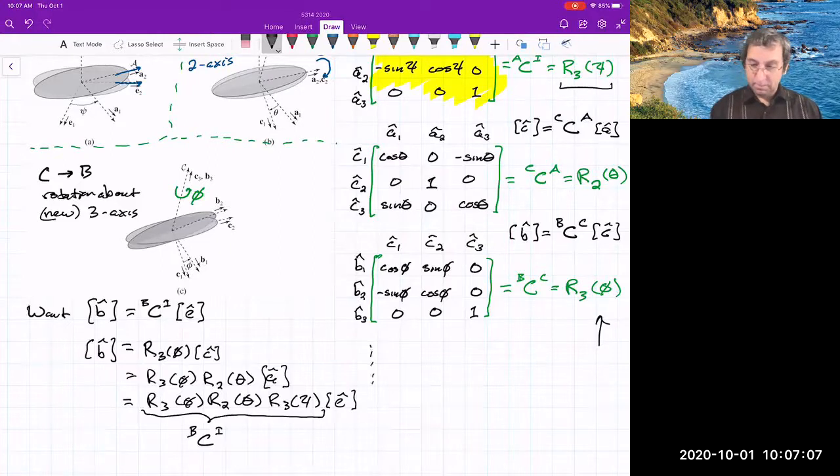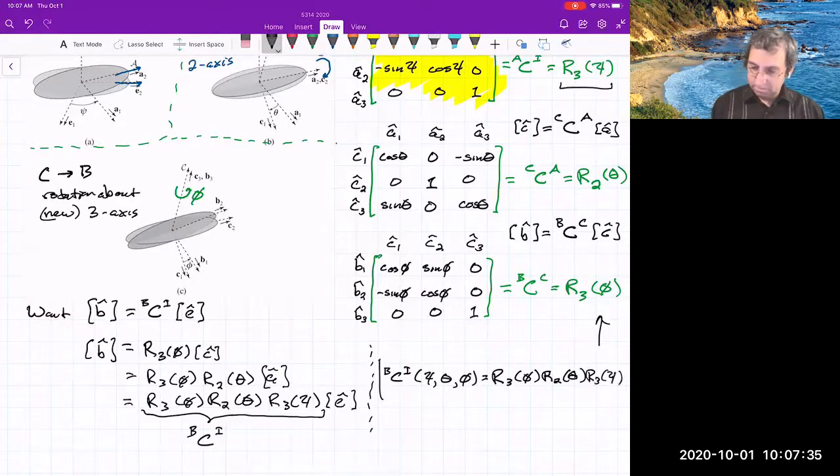Okay, so we can write this matrix as a function of three angles, psi, theta, phi, and it equals R3 phi R2 theta R3 psi.